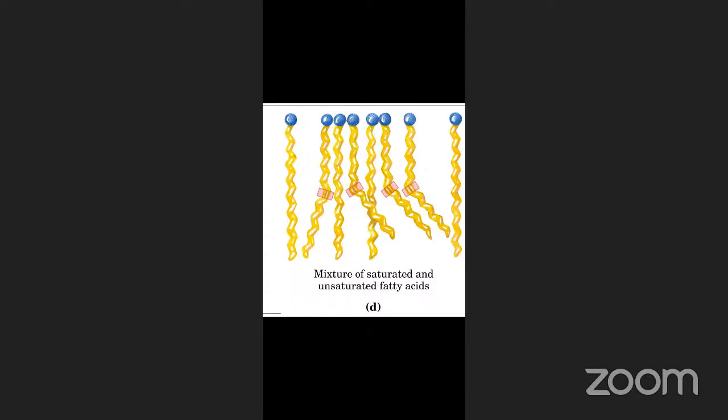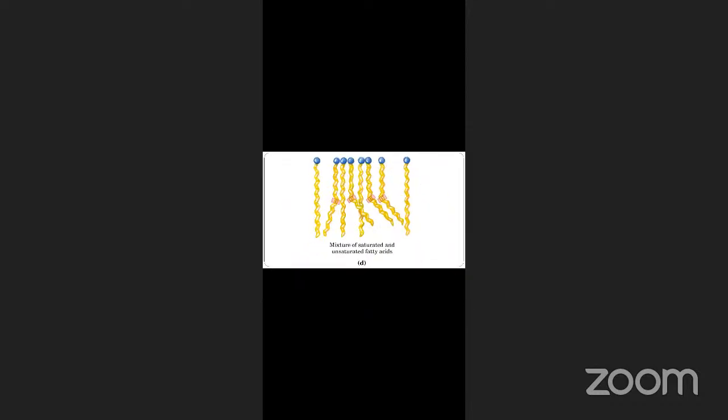Wherever there is a double bond, there will be a bending. As the number of double bonds increases, the number of bendings also increases. Whenever there is a bending in between, the space between two adjacent fatty acid chains increases because of the bending; there will be a gap.